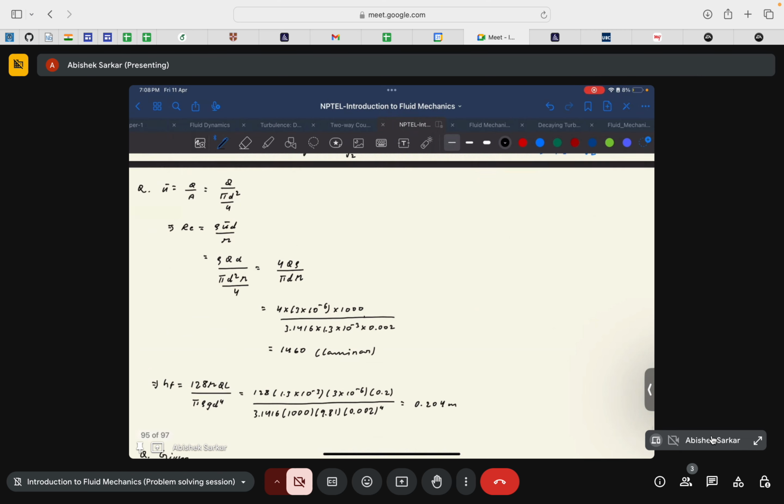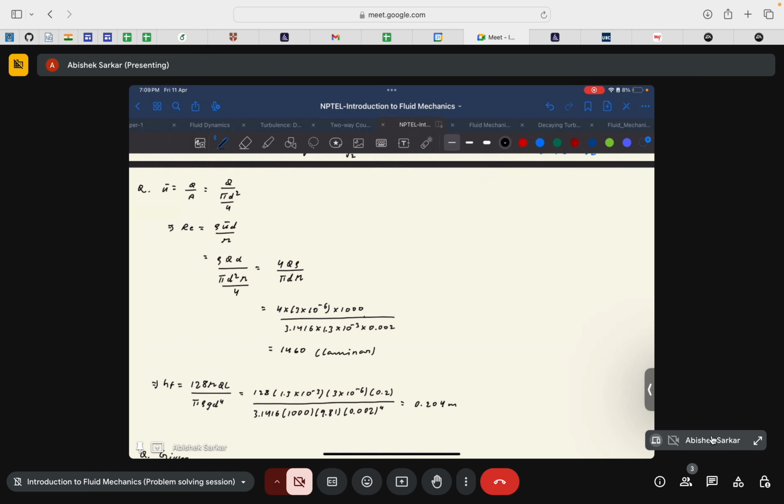We are doing it just to validate that our flow is laminar, so that we can apply the formula for the head loss. If you substitute the values of q, rho, pi, d and mu, we will get Re as 1460, which is less than 2300. That is the critical Reynolds number for transition from laminar to turbulence. So we can say that the flow is laminar, so we can apply the Darcy friction factor.